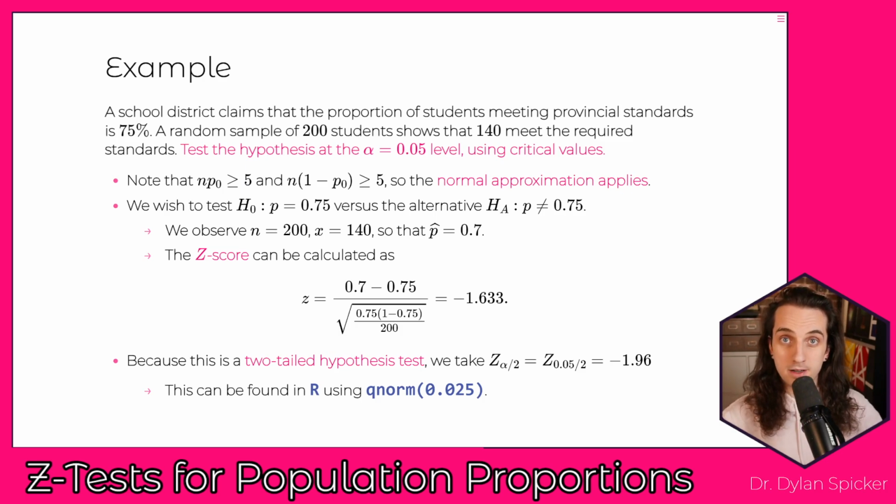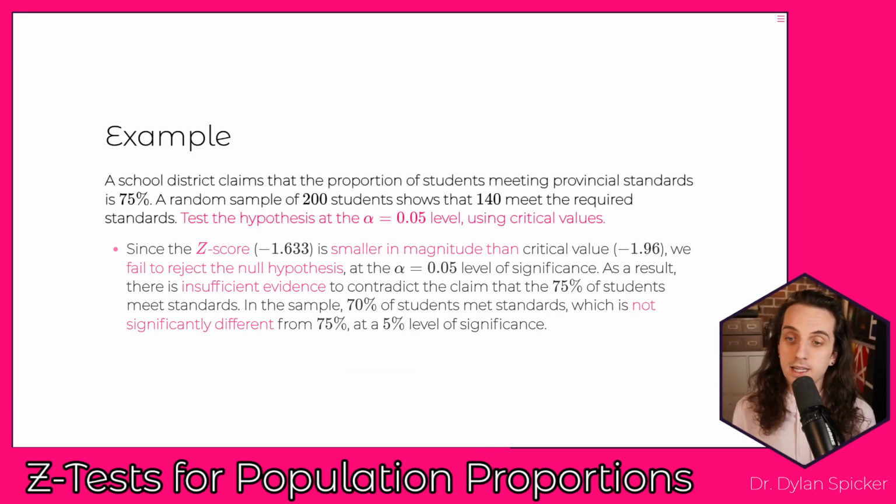We can then compare the results that we've observed to the critical value. We find that negative 1.633 is smaller in magnitude than the critical value, and as a result, there's not sufficient evidence to reject the null hypothesis here. So we fail to reject the null hypothesis, and we want to communicate this result.